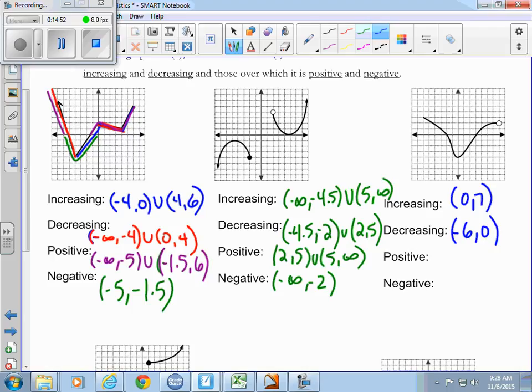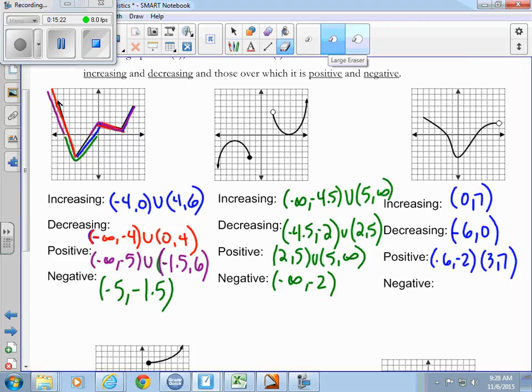Positive: -6 to -2, and 3 to 7. Questions about that? Now here I don't know for sure what that is, but if that's a filled-in dot on the -6, for positive I would need to bracket that.